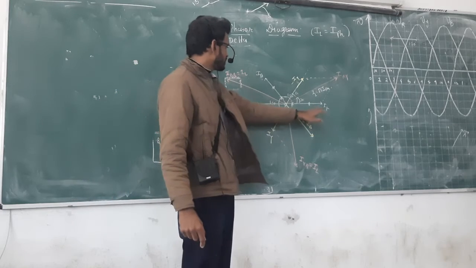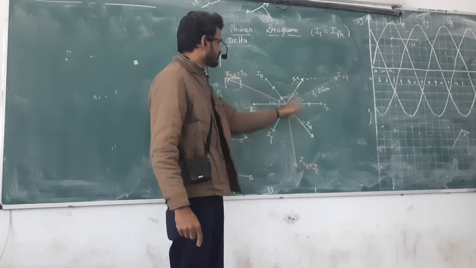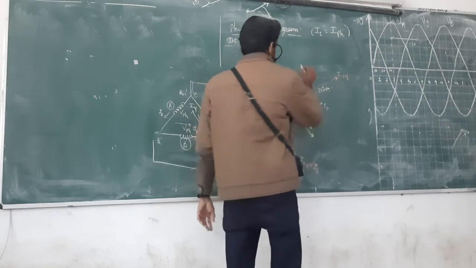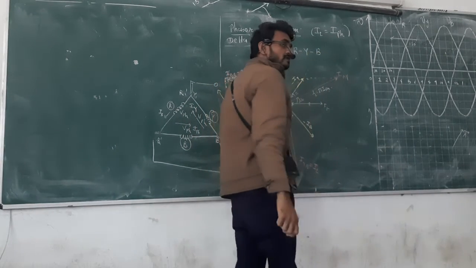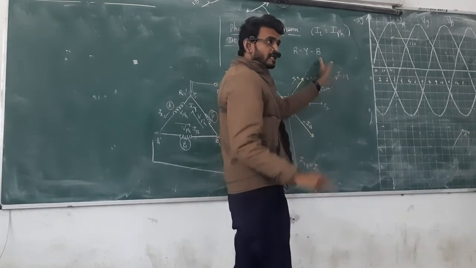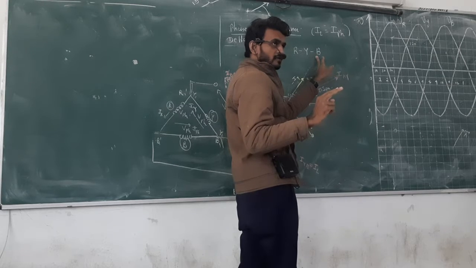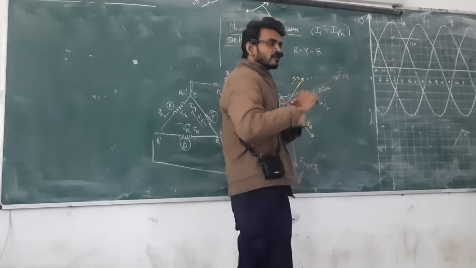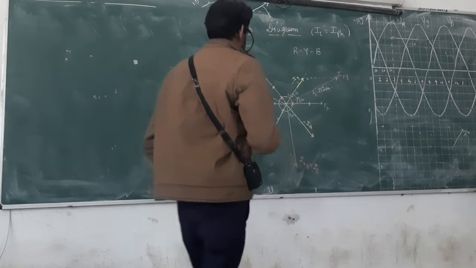So what we do, we first plot the phase currents IR, IY, IB, 120 degrees apart. The sequence should be R, Y, B. First the R phase comes, then Y, then B. If any two terminals or phases are interchanged, then the rotation changes, and the sequence will be reversed.